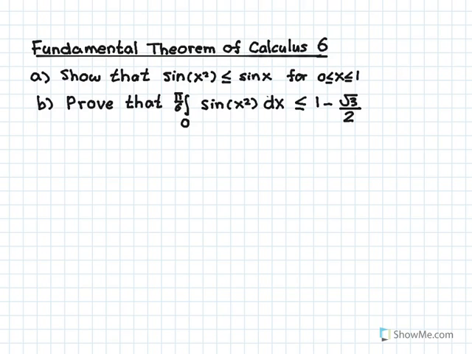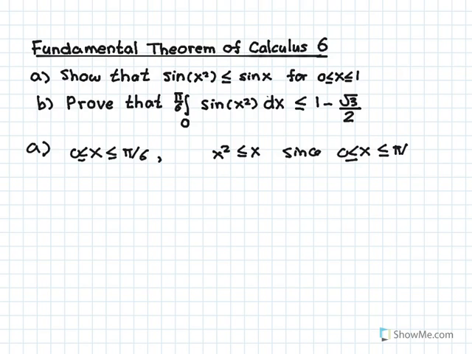So let's show that. We know that when x is between 0 and pi over 6, x squared is less than or equal to x, since x is larger than or equal to 0, is less than or equal to pi over 6, which itself is less than or equal to 1.